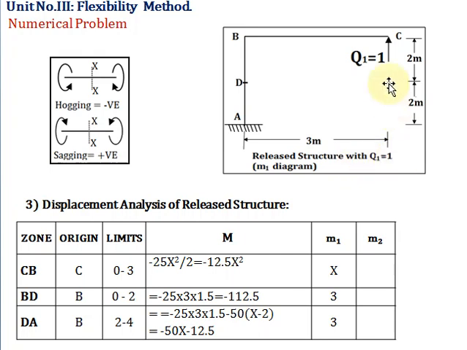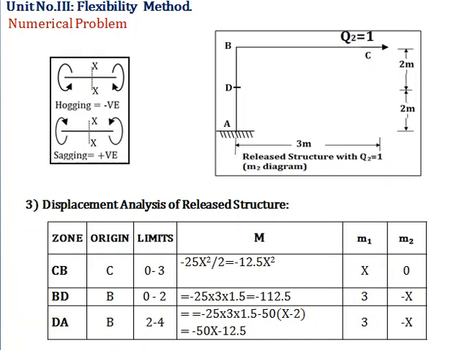We applied the first unknown, Q1 equal to 1, removed all the loads, and found the bending moment in the released structure with Q1 equal to 1. These are the values. Then we found the bending moment values in the released structure with Q2 equal to 1, and these were the values.